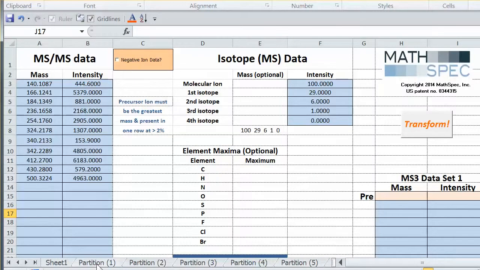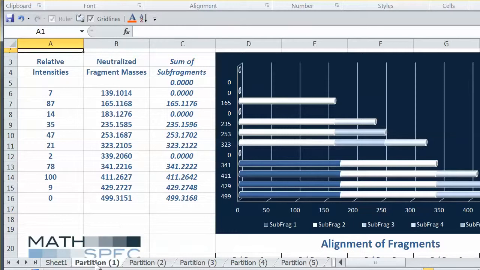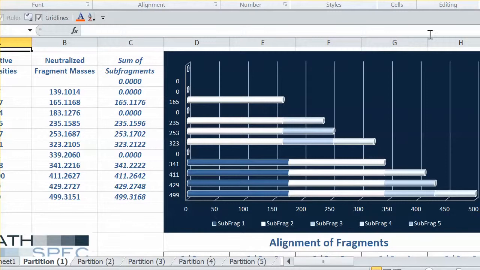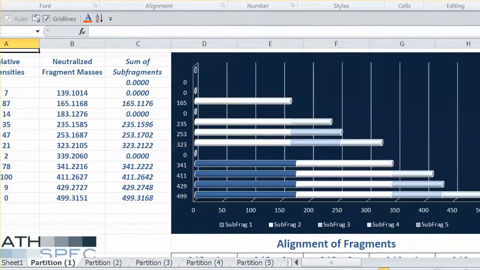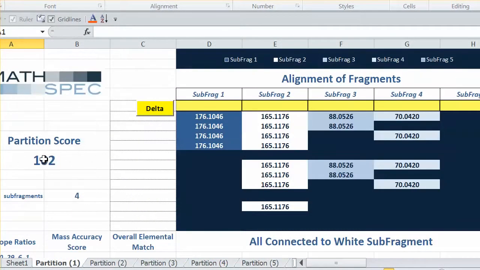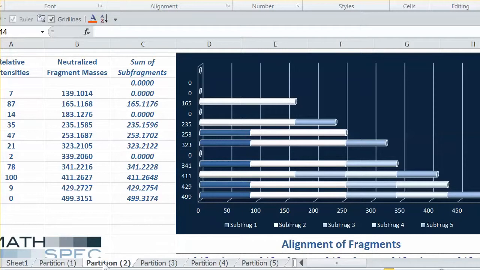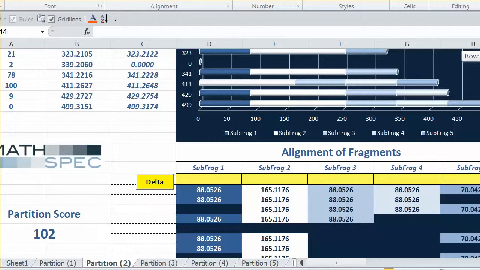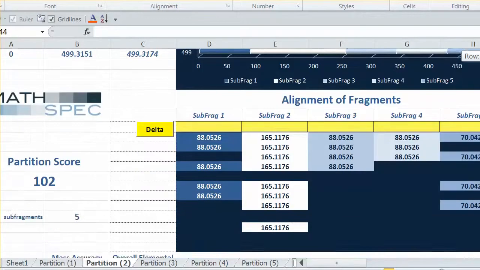If we bring up partition 1, these are the assignments, if you will, for the subfragments. The score is 102. Partition 2, again, it's doing a good job of assigning fragments, and it also has a partition score of 102.